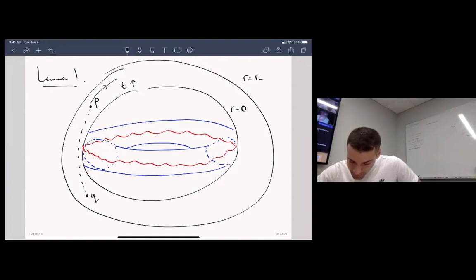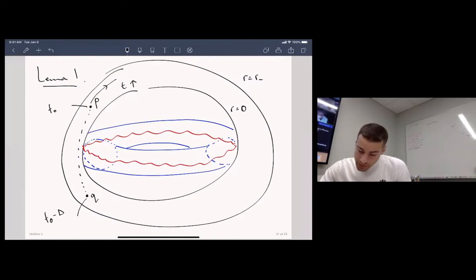And so the time coordinate here must be less than that which you started with. So let's take this t equals 0. This must be t minus some delta, right? The time coordinate must be less, because in that dotted line, I can draw a future directed time-like curve, which will increase the time coordinate.